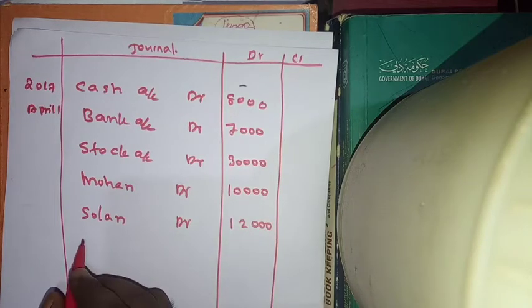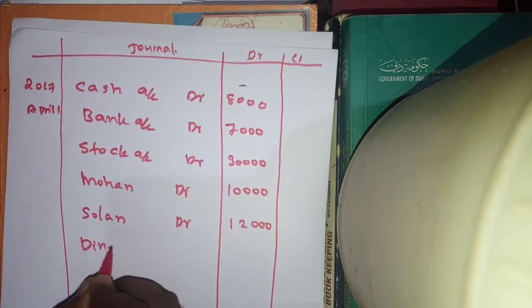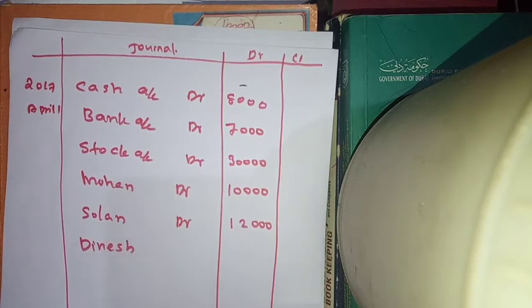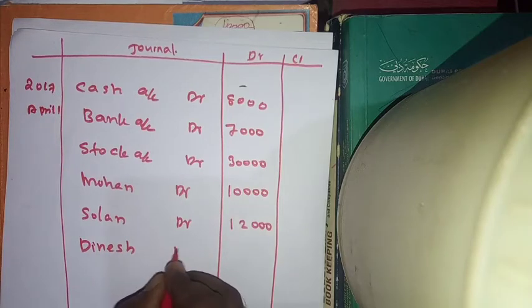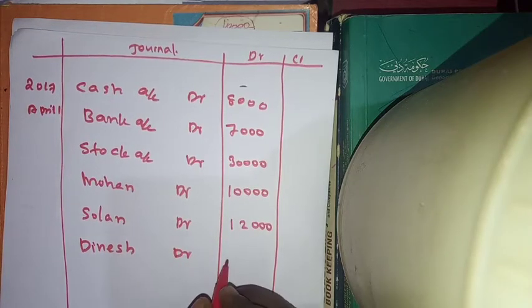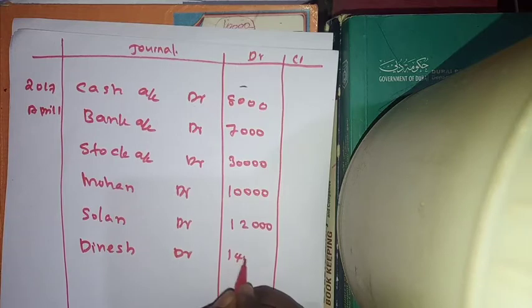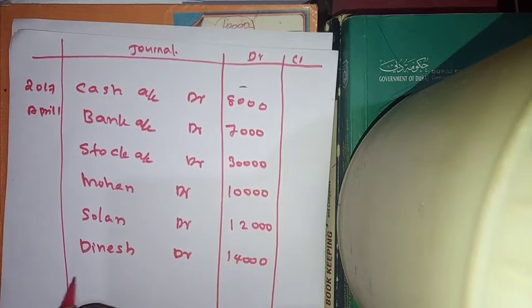Soren account. Then Dinesh account debit, Dinesh is a debtor, a current asset, so all the assets are debited on the debit side. What is the answer? That is 14,000. After that, building account.